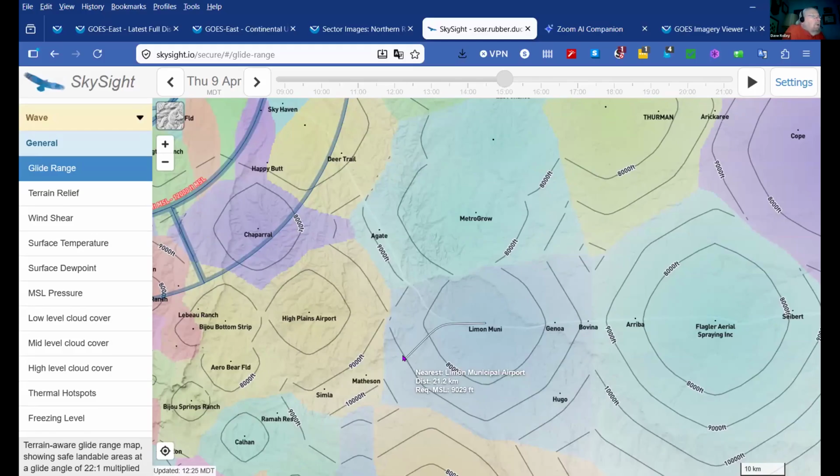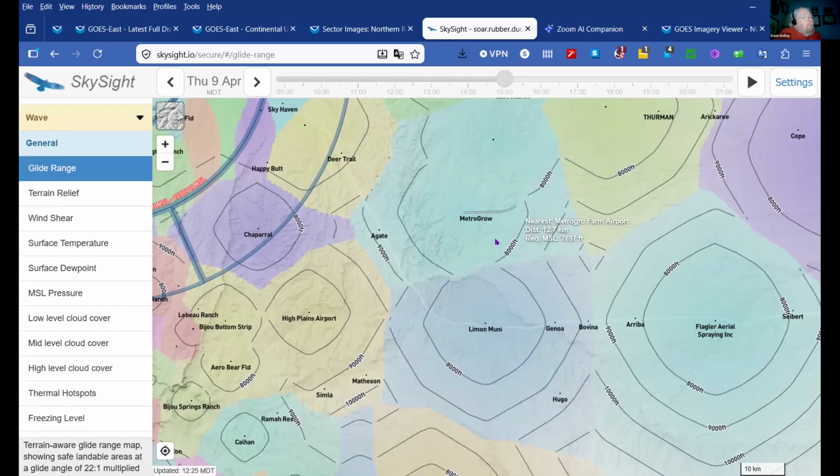It's using a 22-to-1 glide ratio multiplied by the pilot glider factor, and it's working to maintain a 100-meter terrain clearance and a 250-meter arrival height. Notice that right here it's showing that I should follow a curved course, whereas down here it's showing I should follow almost a straight course to get up to Lyman.